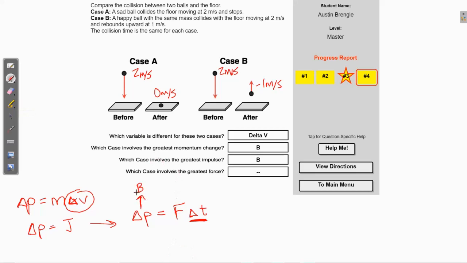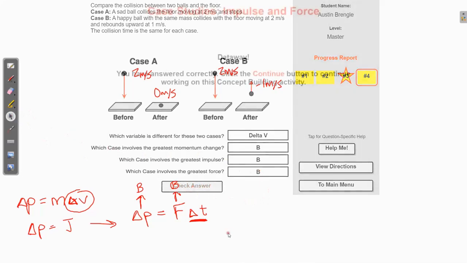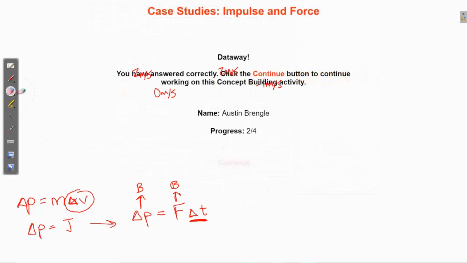Well, if the impact time was the same for both cases, then the only way that B has a greater change in momentum here is if the force of impact were increased for object B. And that should make sense because it rebounded in the opposite direction, right? So we'll go ahead and plug in B here. We'll check our answer, and there we go.